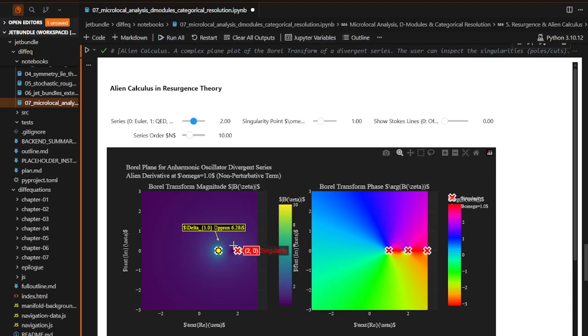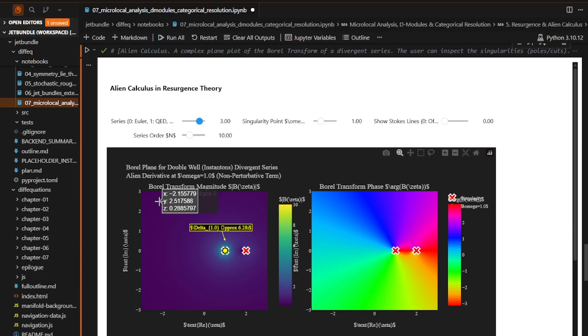Again, here's a singularity. There's a singularity. There's omega. And then we can also look at a double well potential. Again, there's a singularity there. And this is the real part of zeta and the imaginary part of zeta for the Borel plane.